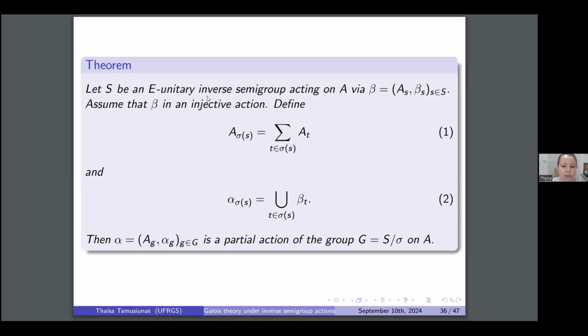Under these assumptions, we defined a partial action of this group by defining the ideals and the actions, and it is in fact a partial action of the group G on the ring A. And it can be constructed for any inverse semigroup.